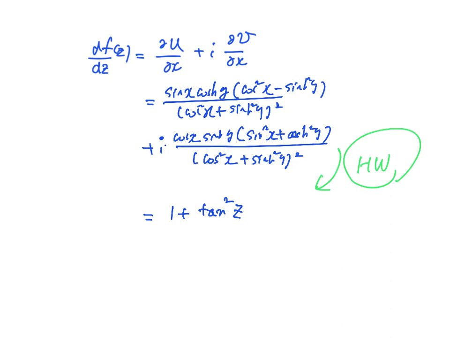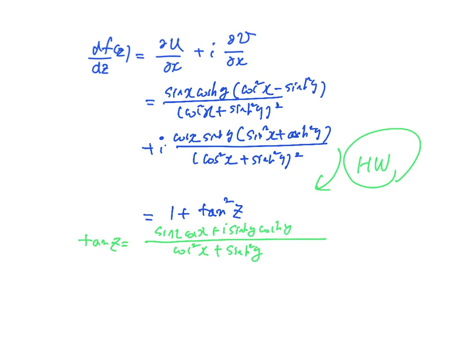Right, tangent of z. Cosine square x, sine hyperbolic square y, sine x, cosine x, i sine hyperbolic, cosine hyperbolic. Maybe I can do this, or maybe you can do it at home.